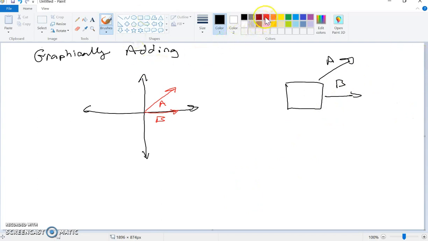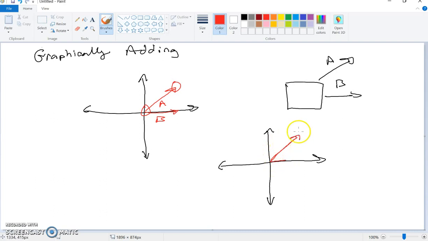what you really want to do is draw yourself a new coordinate system. And you put the first vector on there, so vector A, and you start with its tail. So if you think about it, on a vector, that's the tail, and that's the head. Okay, so you put the tail of the first vector at the origin, and you draw that vector in.